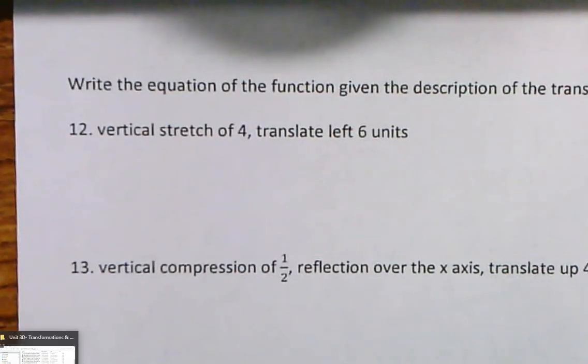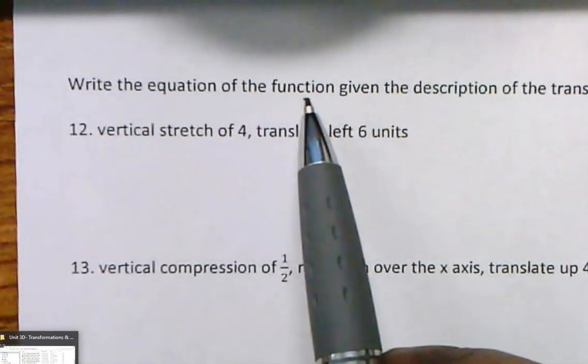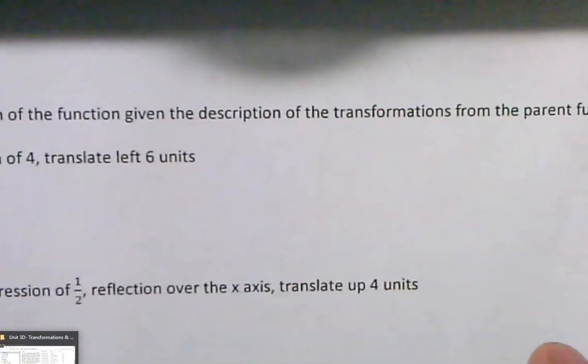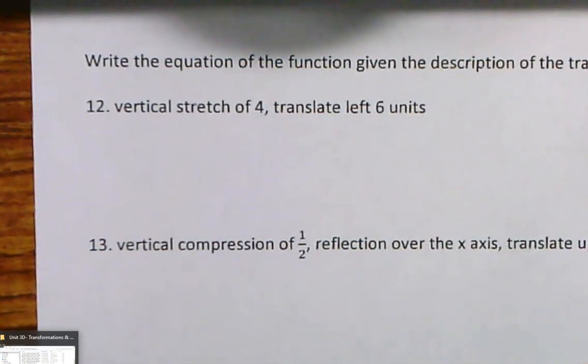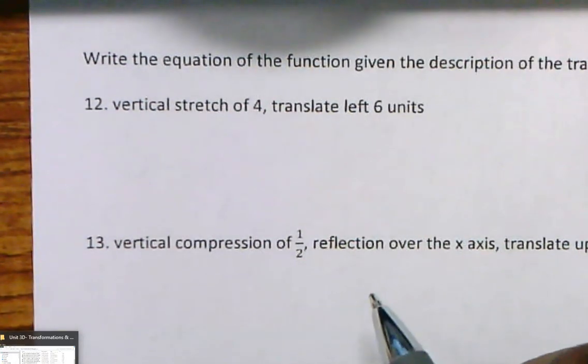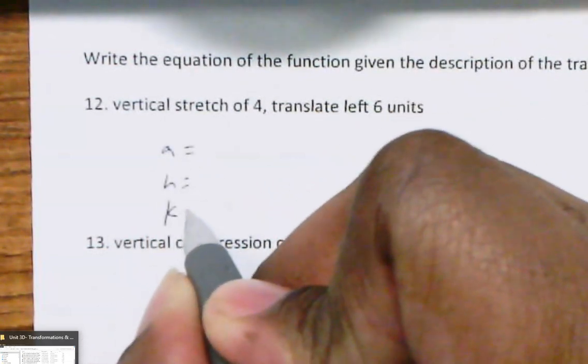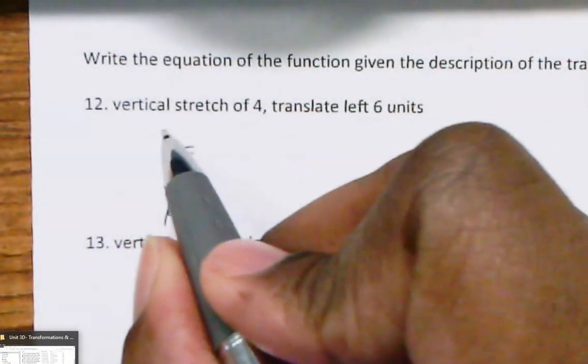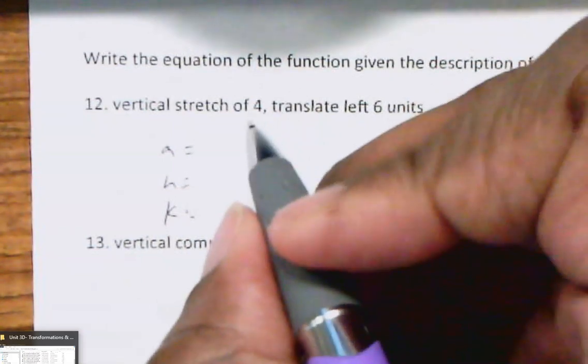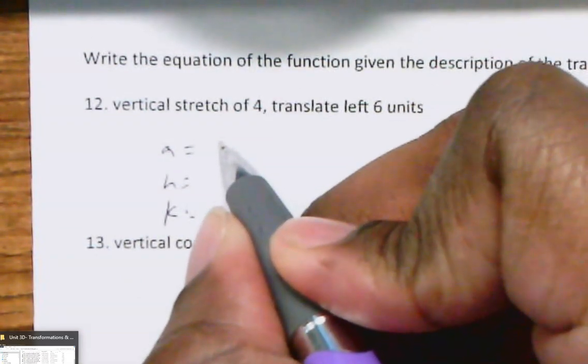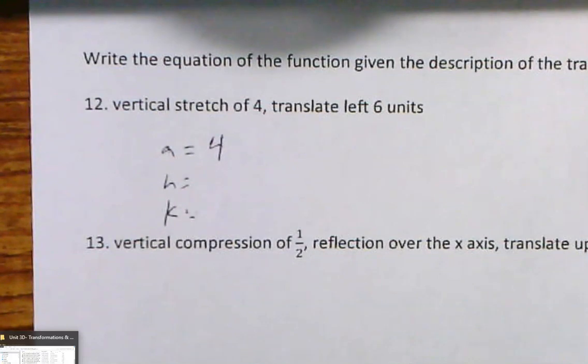The last one is this. The directions say write the equation of the function given the description of the transformation. So if I'm going to write that equation, I'm going to decide what A, H, and K are, so I can start writing it. They said it was a vertical stretch of 4, so I know A is 4.